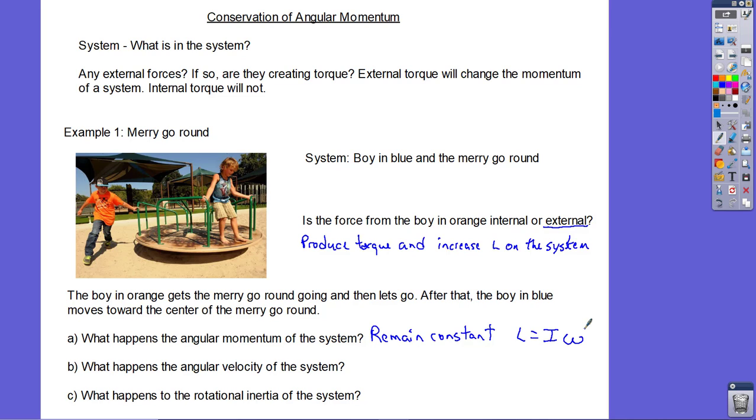Well, let's think about these two things in relationship to each other. As he moves toward the center, what's happening to I? I is going to be getting lower, because mass is going toward the center. So as it goes toward the center, the inertia of the system decreases.